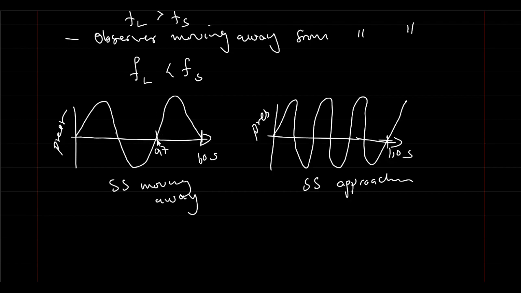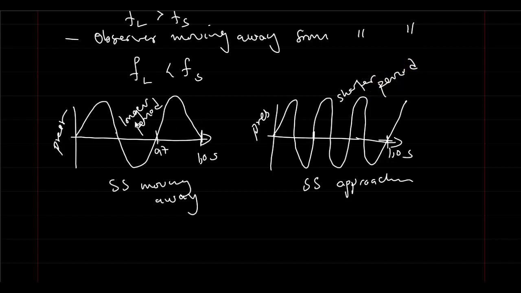So the period of this wave will be 0.7 seconds, but here the period will be much less than 0.7 seconds. So in this wave we can say we have a longer period, and in here we have a shorter period, right?